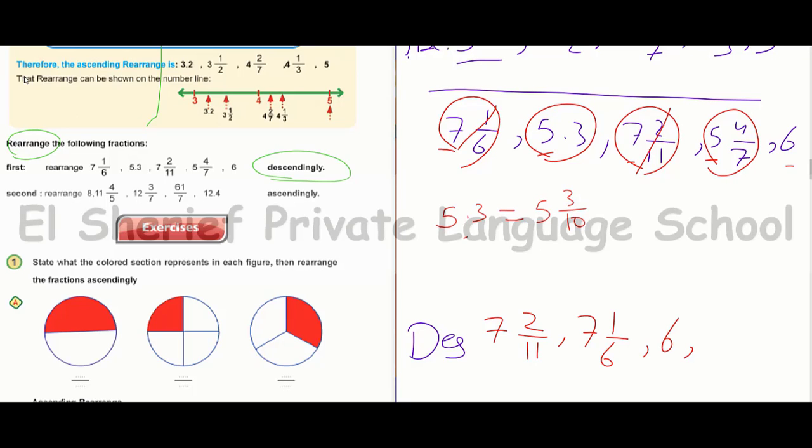So we compare 3 over 10 and 4 over 7. 7 multiply 3 equals 21 and 10 multiply 4 equals 40. 21 is less than 40, so 5.3 is less than 5 and 4 over 7. So 5 and 4 over 7, then 5.3.